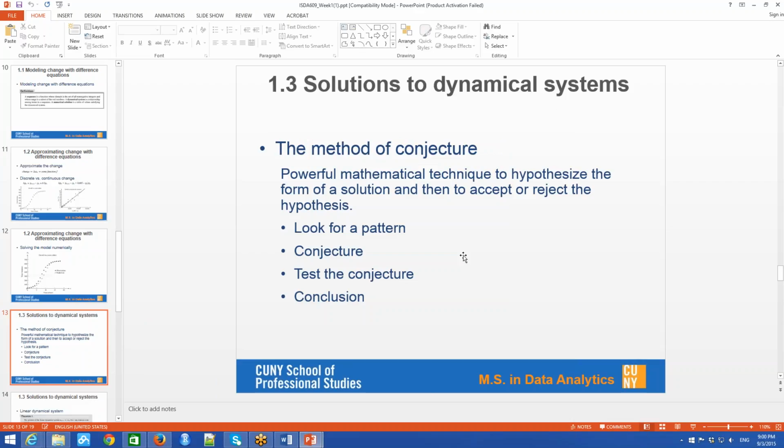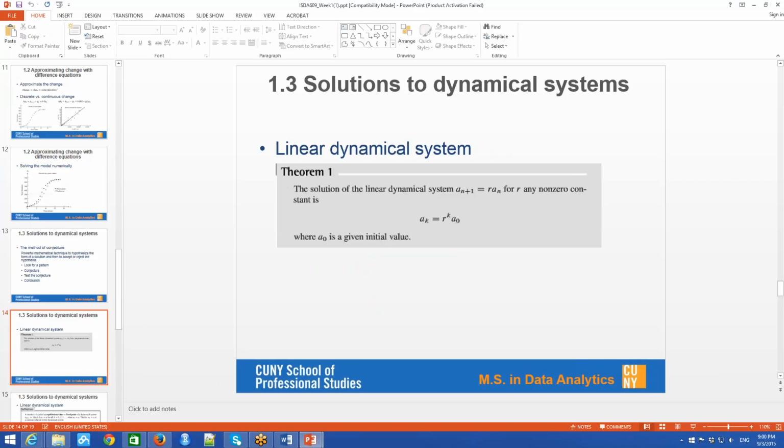And then for dynamical problems, we try to look for patterns. We have a conjecture and try to test the conjecture, make some conclusion from there. Linear dynamical problems: AN+1 equals R times AN, for R any non-zero constant, is AK equals R to the power K times A0. You already studied some of this in high school even, I believe, right?